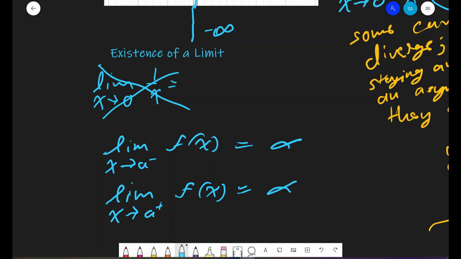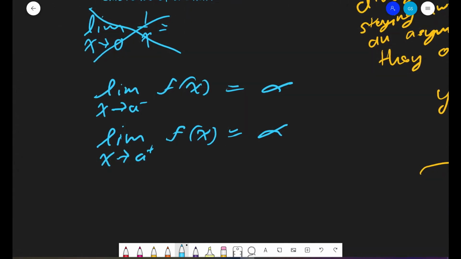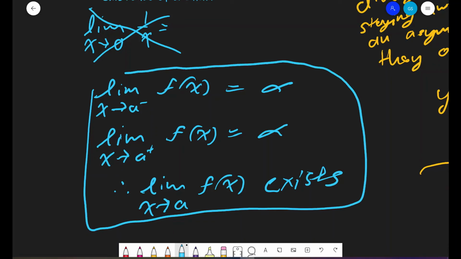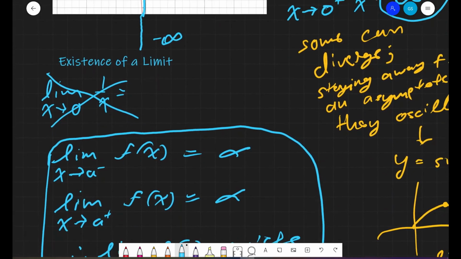So if from the left-hand side it equals the same value, and from the right-hand side it equals the same value, therefore the limit as x approaches a of f of x exists. Basically, there cannot be a limit if the left-hand side limit and the right-hand side limit don't agree. If they don't equal each other, then there is no limit.